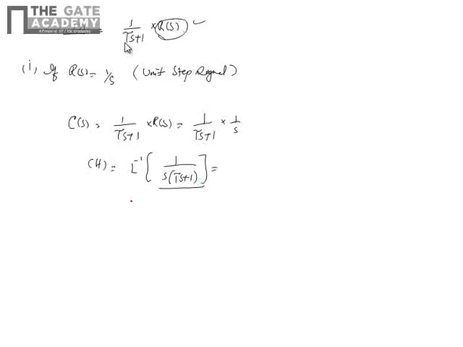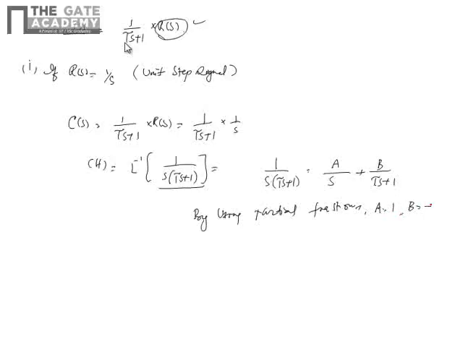So 1 by s(tau s plus 1) can be written as A by s plus B by tau s plus 1. By the partial fraction method, we find A equal to 1 and B equal to minus tau.